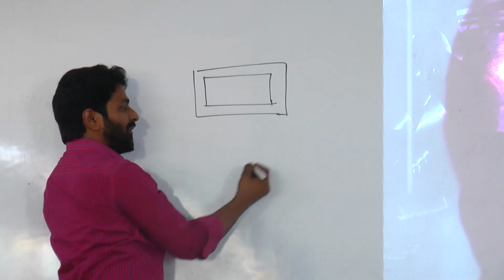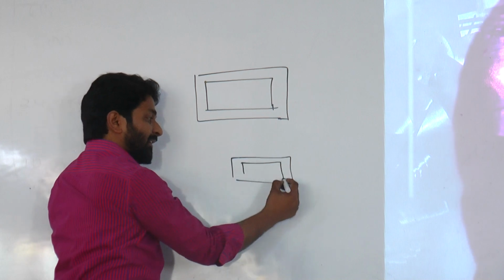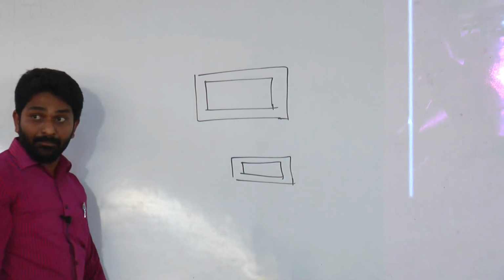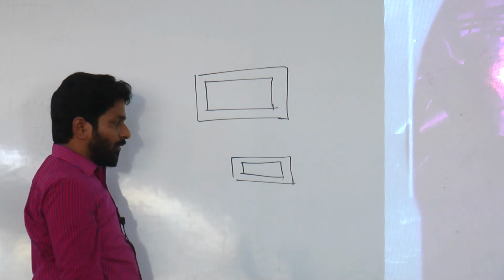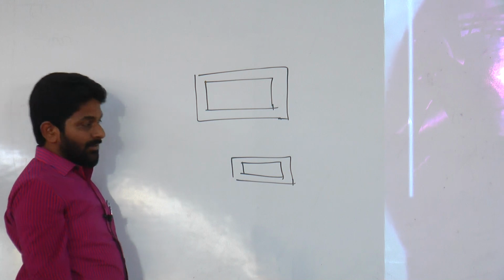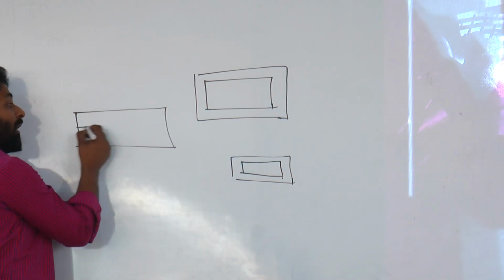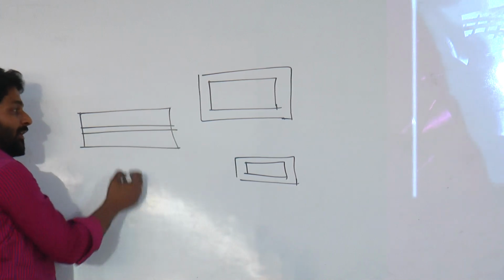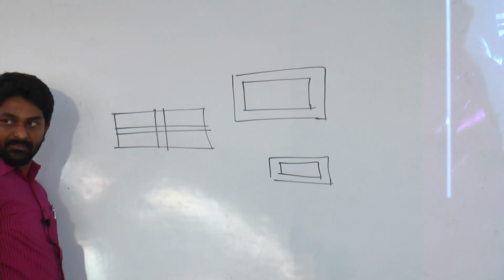In the second model, the road will be inside the plot, parallel to length and on adjacent sides. And the third one is a rectangular plot, one road parallel to length, other road parallel to width. 3 models. Okay?